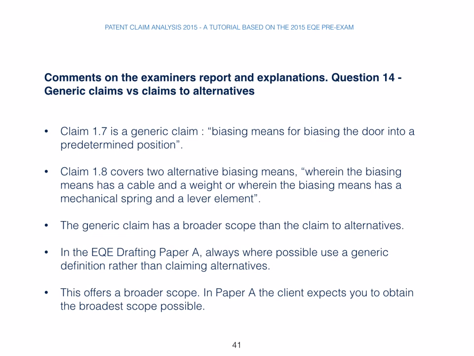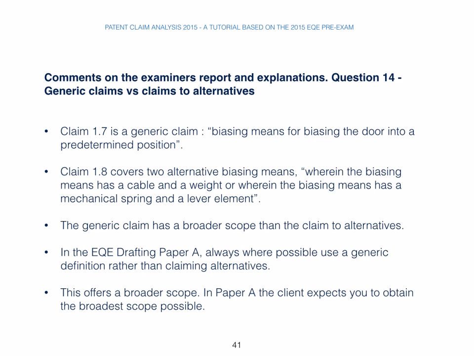Firstly, about generic claims and claims to alternatives. Claim 1.7 is a generic claim: biasing means for biasing the door into a predetermined position.